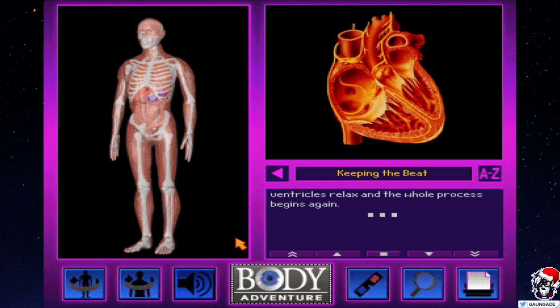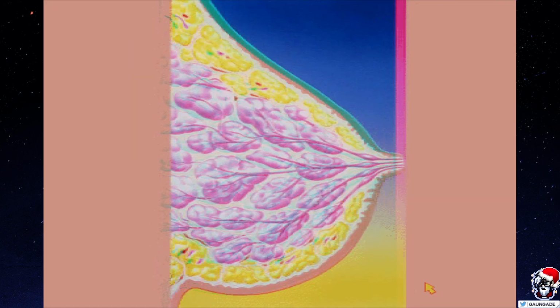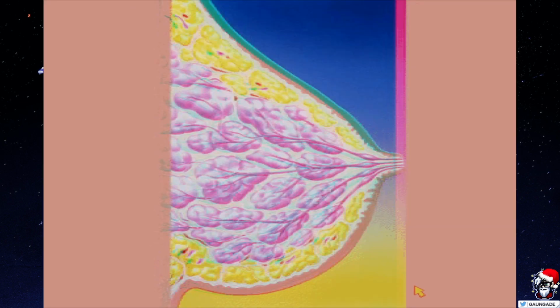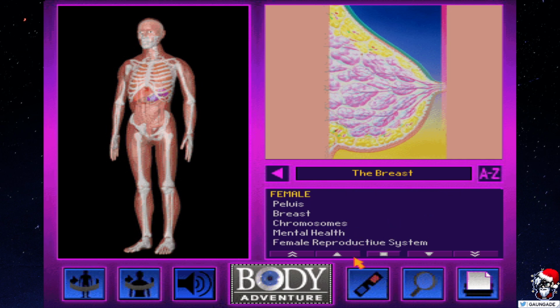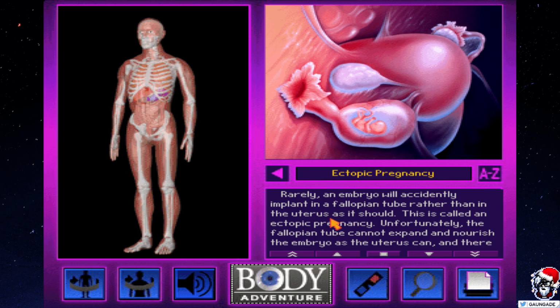3D breast. Okay. Was he a 3D uterus? Female reproductive system. Ectopic pregnancy.